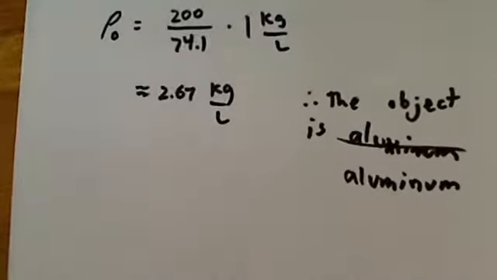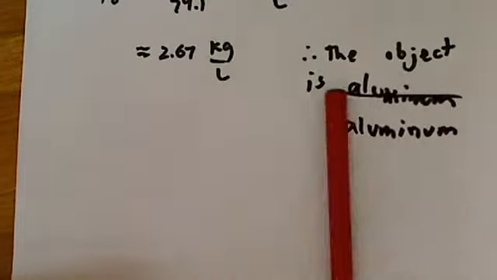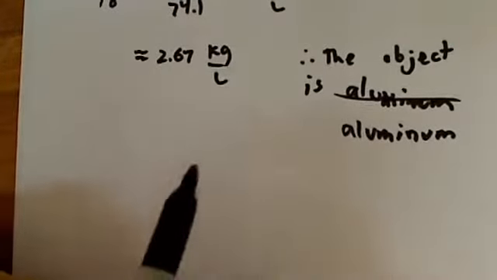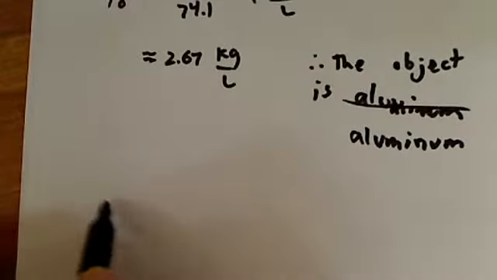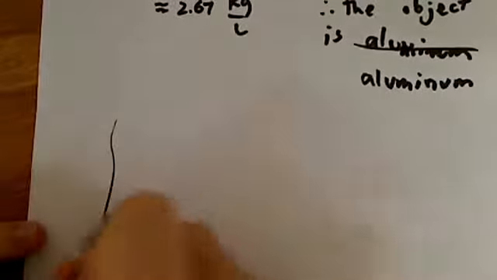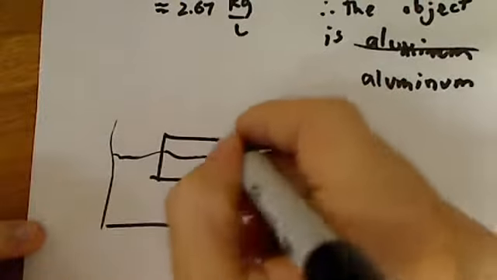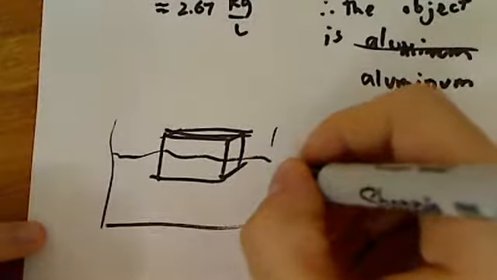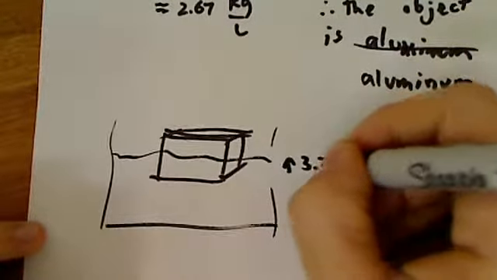Alright. For the second part of the problem, you have a mystery object that's floating in water. The water displaces 3.2 liters. So let's kind of draw a picture of what's happening. You've got this object, it's in water, it's floating, and the water level, when placed in water, goes up 3.2 liters.